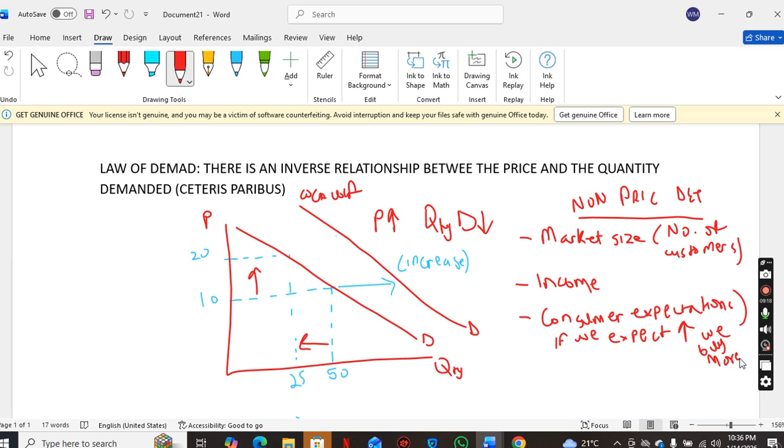Okay, so when we see prices about to drop, we buy less, so demand drops. Okay, because everyone is waiting for the cheaper price to come in.